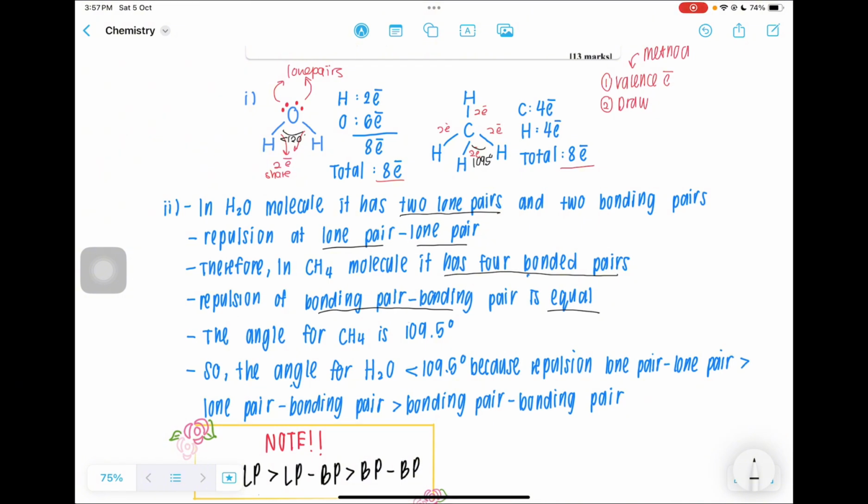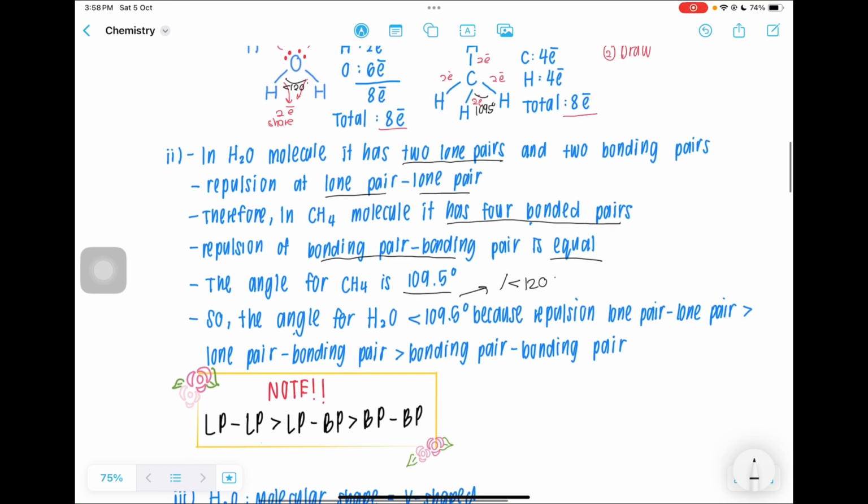So the angle for CH4 is 109.5 degrees. So the angle for H2O will be less than CH4, or less than 120, because the lone pair repulsion is greater than lone pair, bonding pair. So take note, lone pair repulsion is greater than lone pair and bonding pair.